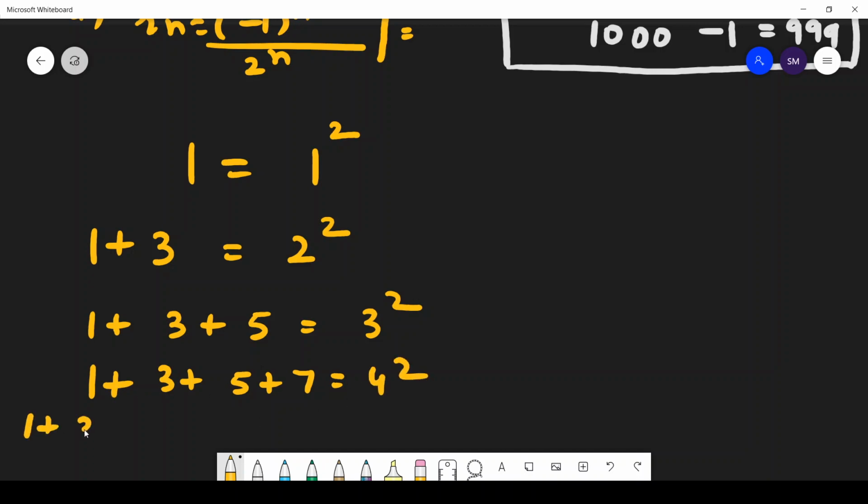Now if you will be adding n odd numbers, this is your nth odd number, isn't it? So what do you get here, students? Okay, sorry. I should not write square here, okay? Instead of 7 I have written it here. So 7 was the fourth odd number, so 4 into 2 is 8, minus 1 is 7, right? Now this is another odd number, so what will come here?